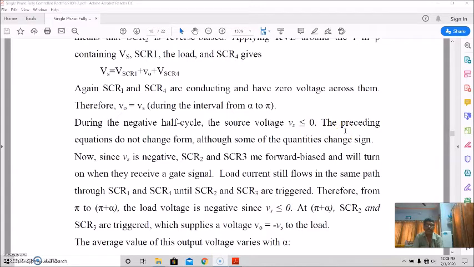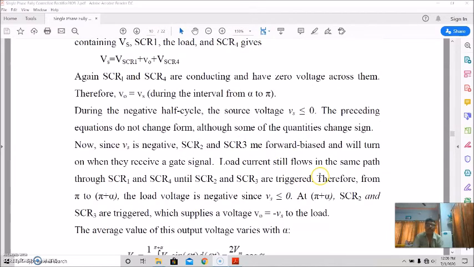The preceding equations do not change form, although some of the quantities change sign. And since Vs is negative, SCR2 and SCR3 are forward biased and will turn on when the gate receives the signal, and the load current will still flow in the same path through SCR1 and SCR4 until SCR2 and 3 are triggered.